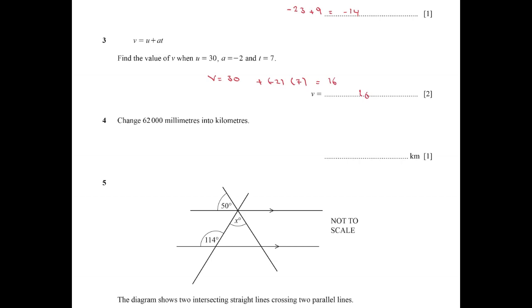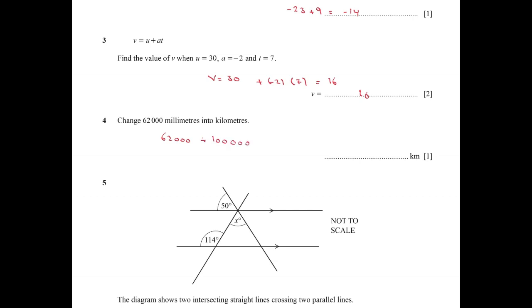Question 4. Change 62 thousandths millimeter into kilometer. From millimeter to kilometer, 62 thousandths divided. From millimeter to meter divided by 1000, and from meter to kilometer divided by 1000 again.